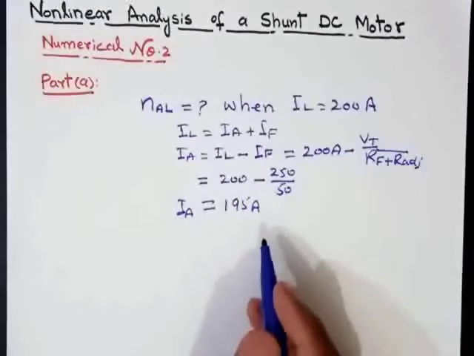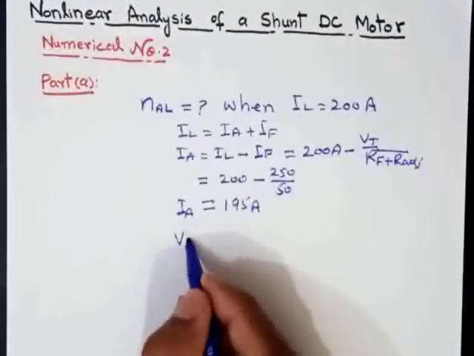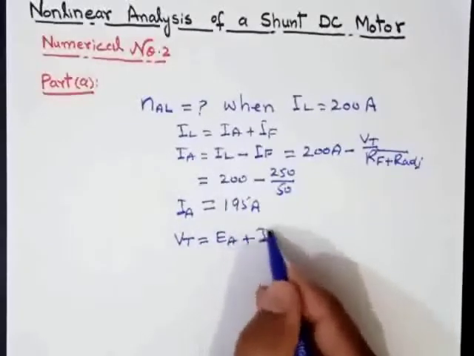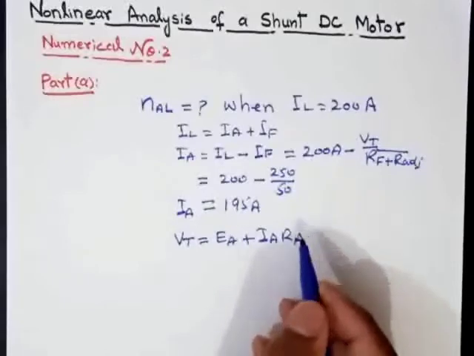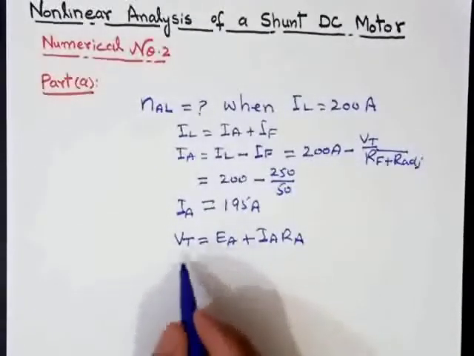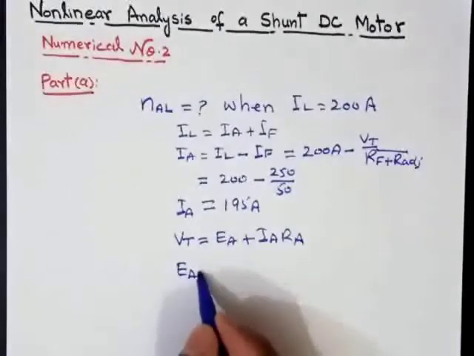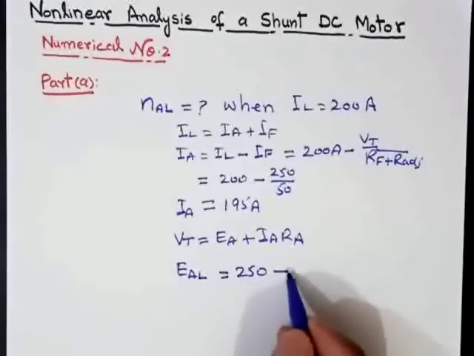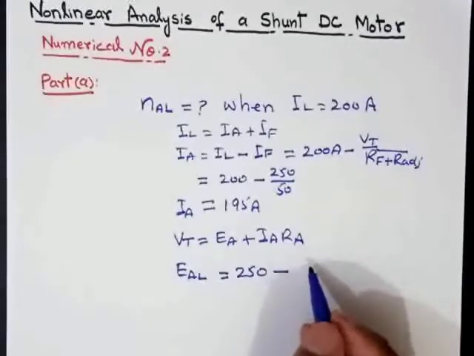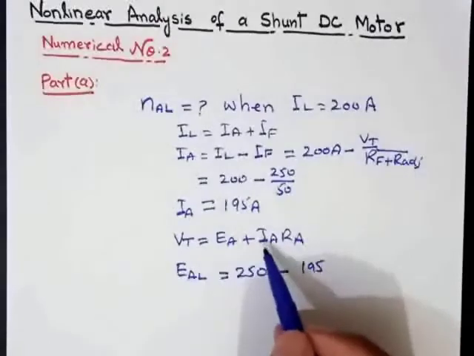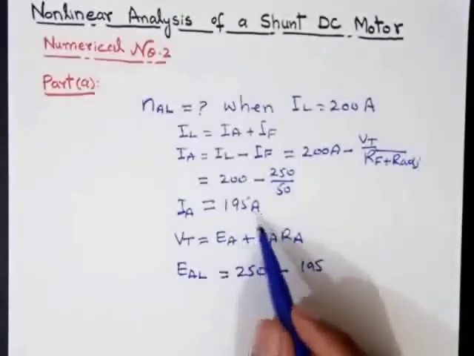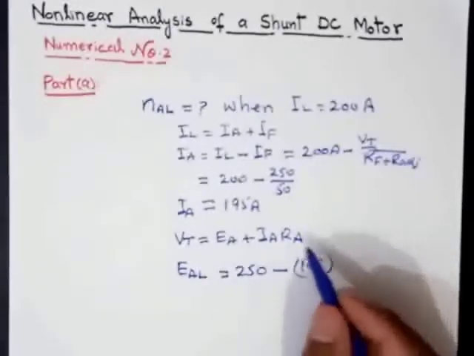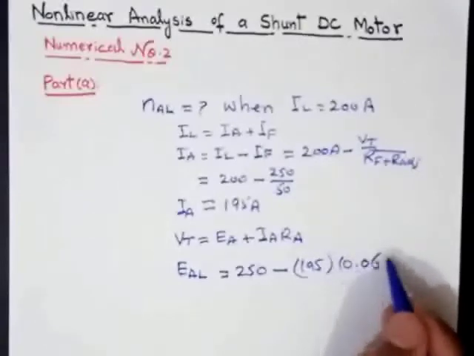By applying KVL, as we know, VT is equal to EA plus IA into RA. EA will be equal to 250 minus 195, as we have already calculated IA is equal to 195 ampere, and the value of RA is given in this problem as 0.06 ohm.